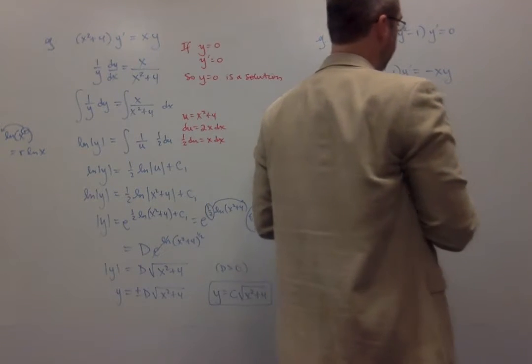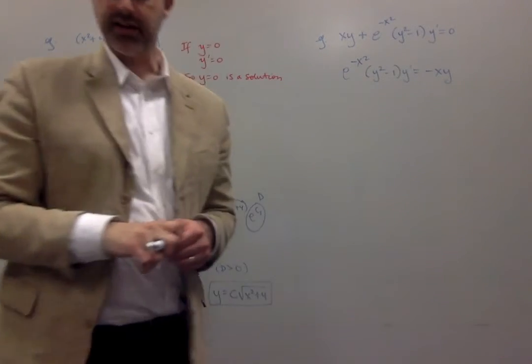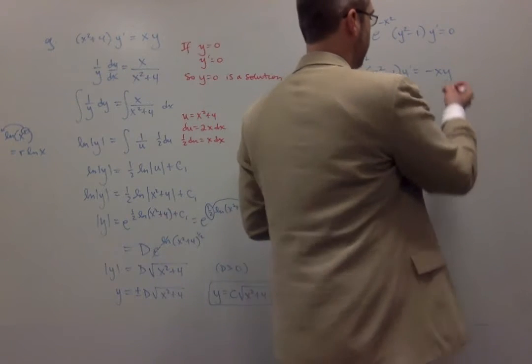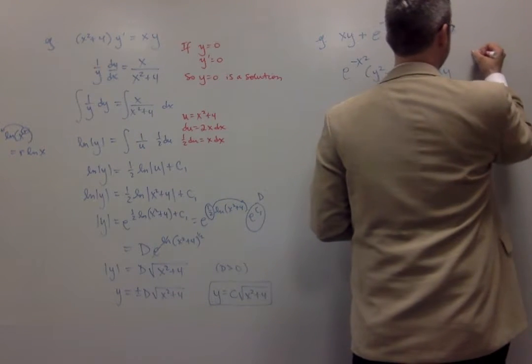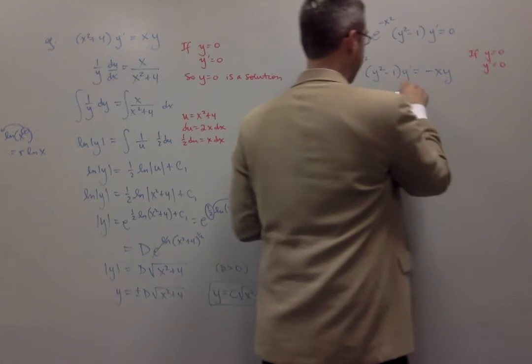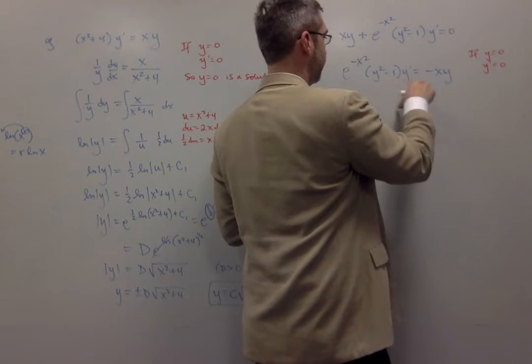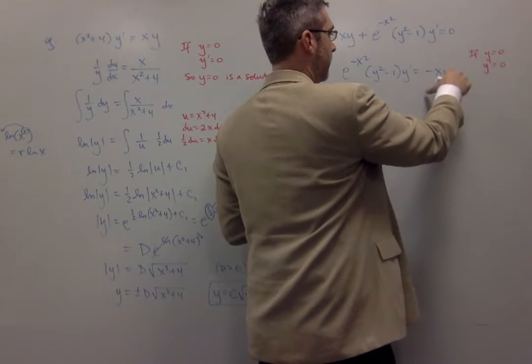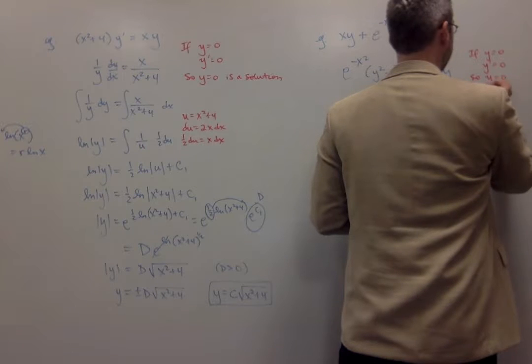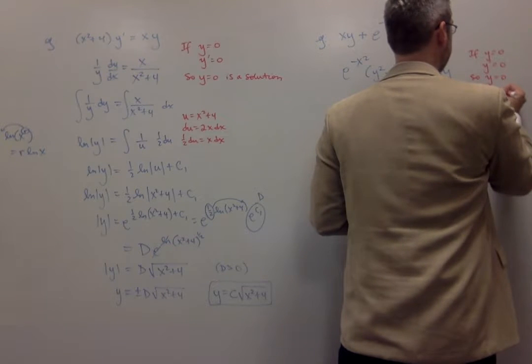Okay, and immediately when I do that, when I divide by y, one of the first things you need to ask is what happens if y equals 0. If y equals 0, then y prime is 0, and so the left side would be 0, and the right side would be 0. So y equals 0 is a solution.